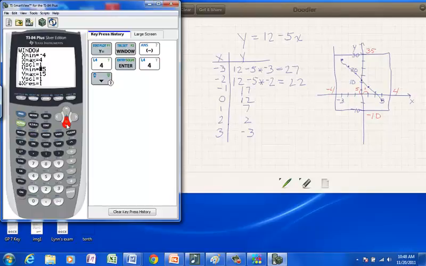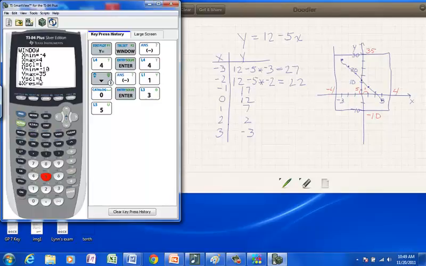Y min, you could use -5 because we only need to get down to -3, but I did write on paper that I was going to use -10. Y max, and again, you could use a number other than 35, but I said I was going to use 35. It needs to be a number larger than 27.